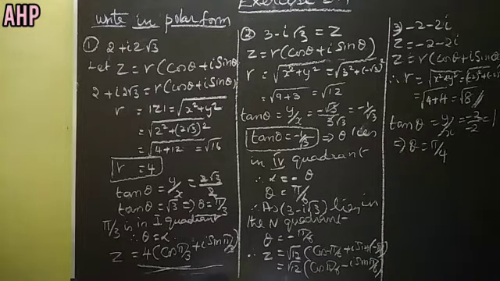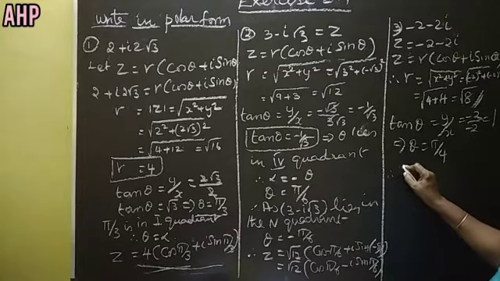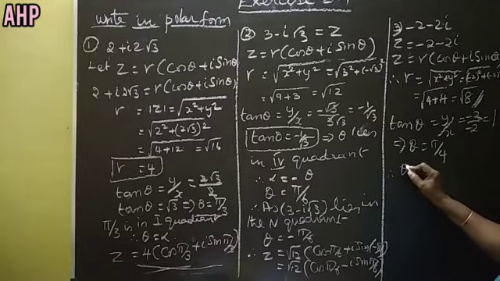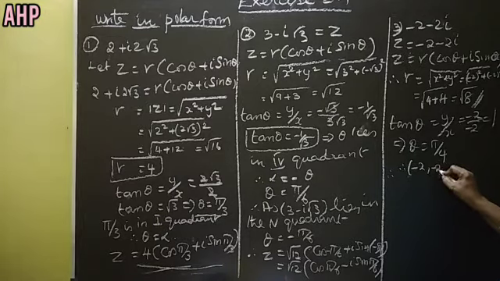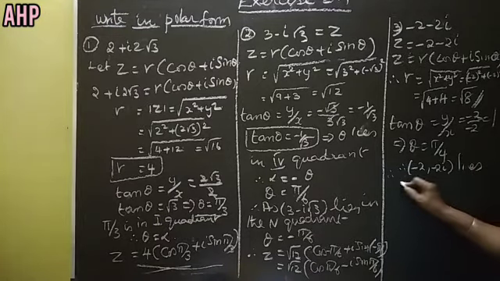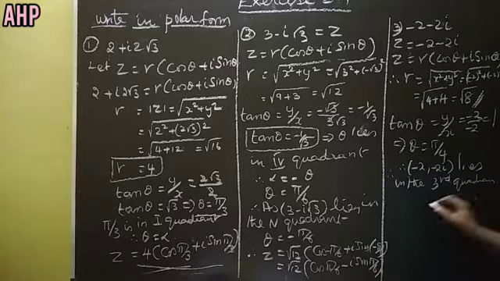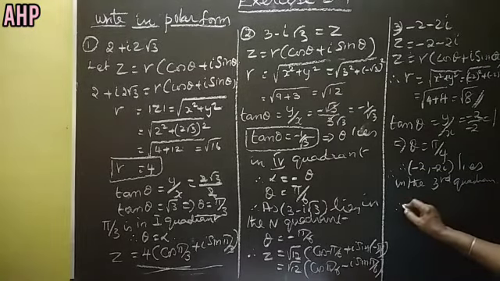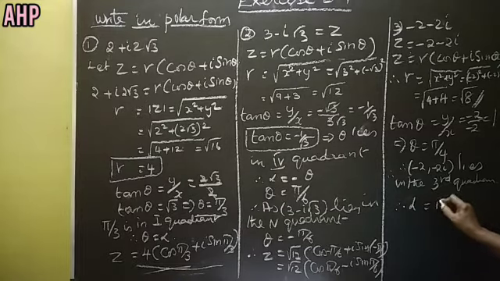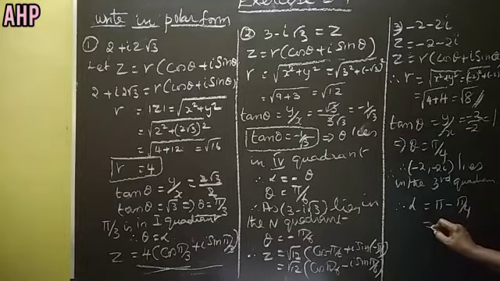But tan theta is positive in the third quadrant. Therefore, minus 2 minus 2i lies in the third quadrant. Therefore, your theta is equal to pi minus pi by 4. This is equal to 3 pi by 4.